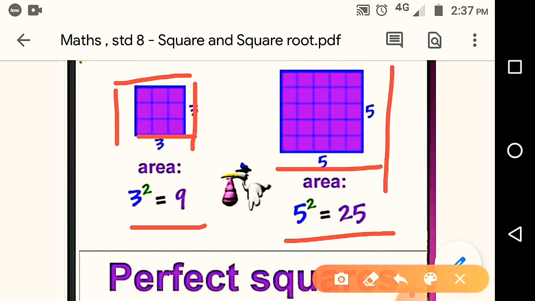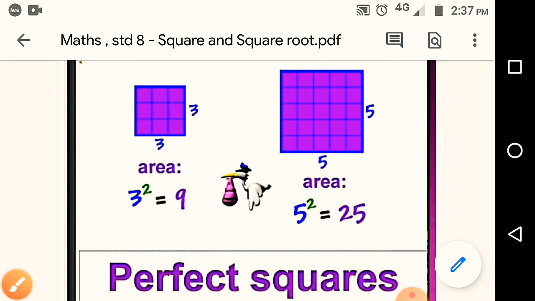These are square numbers and they are represented through the figure of a square. There are 5 rows and 5 columns in this square. If you count all the small squares, it will be a total of 25 squares. So these are perfect square numbers. You can also show square numbers by drawing squares this way.